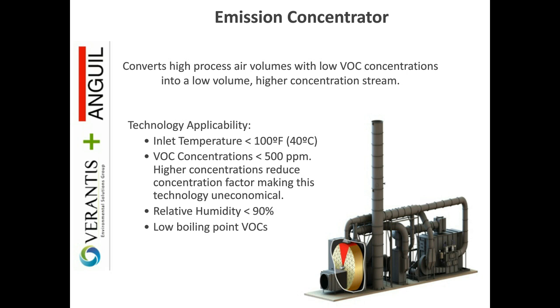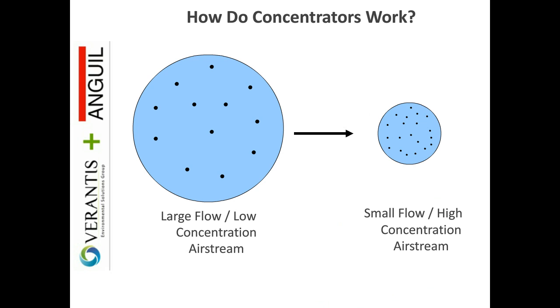So just to give you a visual representation of what it does. Again, for easy math purposes, assume you have a process stream of 100,000 CFM and 10 pounds per hour of VOC. What the concentrator wheel will allow us to do is, on the low end, concentrate it down by a factor of 10. On the high end, we can actually achieve around 20 to 1.